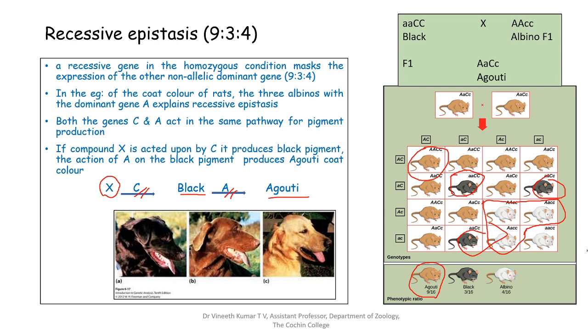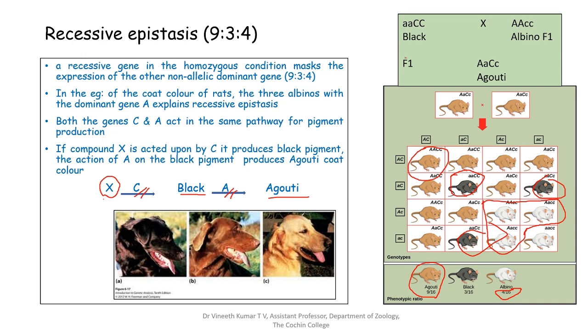Coming to the last group, of these four we are talking about only three. The one which is double recessive does not have C, it does not have A. As a result, the color will be that of X, which is an uncolored pigment, which will be white or albino. So we are not considering the double recessive.